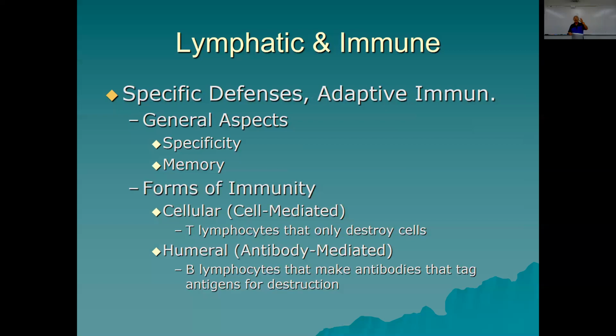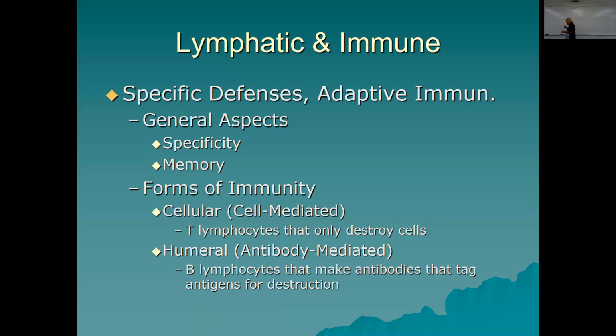This lymphocyte has to be activated. The lymphocyte has to go through mitosis and make many more of itself, and then it can attack this pathogen. So in the meantime, we could be miserable, really, really feel sick until we can mount that defense, and then we can wipe it out.